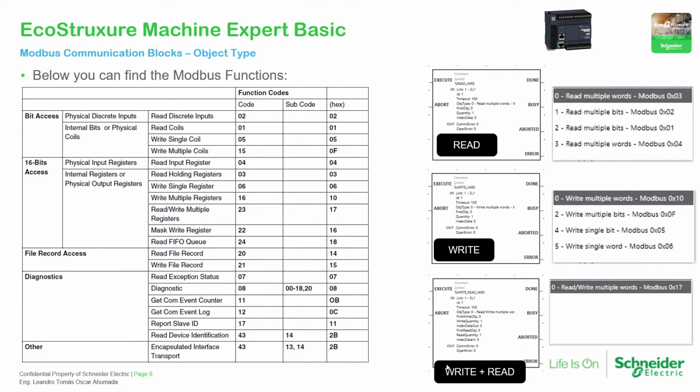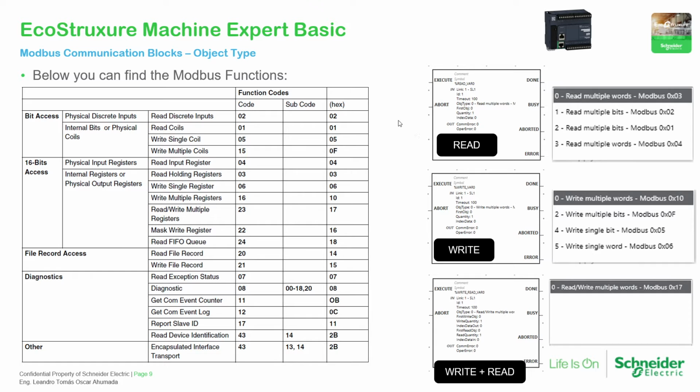Each function block, if we go to the theory of Modbus, has different functions to be executed. Here you can see that the read has these 4 functions to read multiple words.